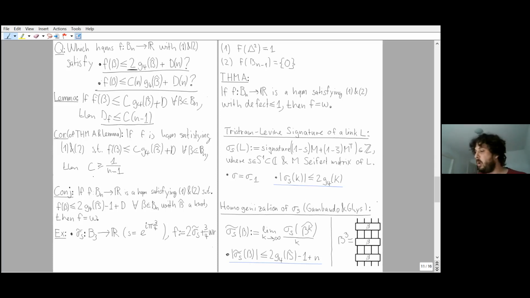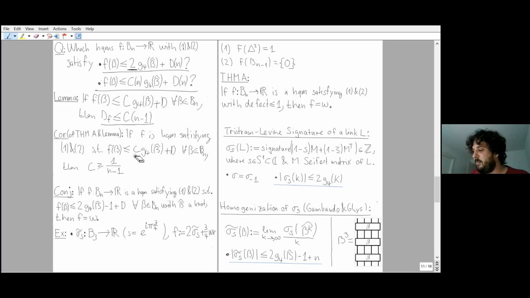Why? If it were smaller, then the defect would be strictly smaller than 1, and then it doesn't even exist. No such quasimorphism exists. And if C is exactly 1 over n minus 1, well, then F would have to be the fractional Dehn twist coefficient, but there I know it's a 2.